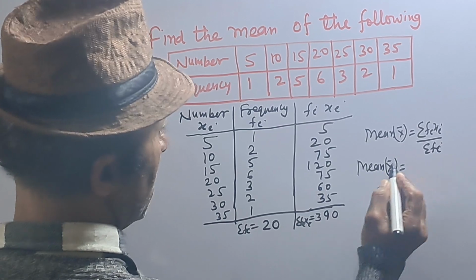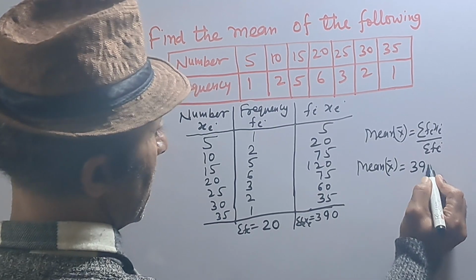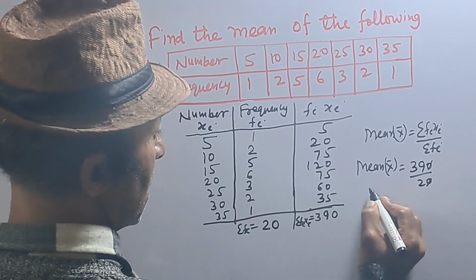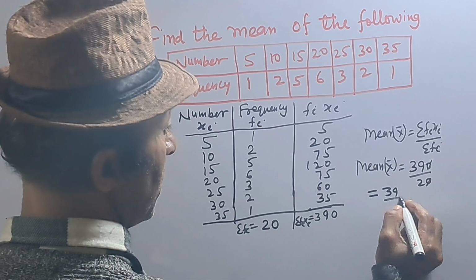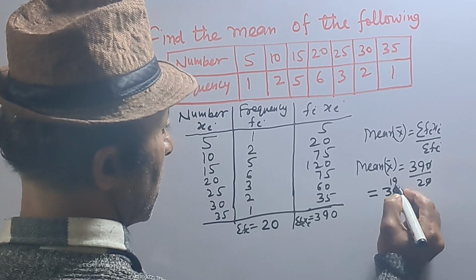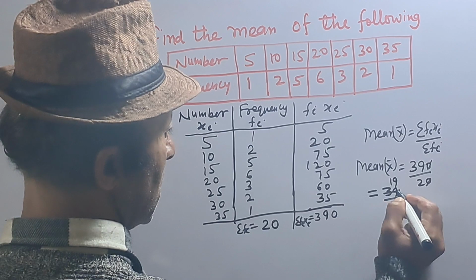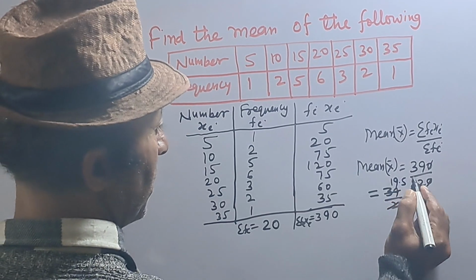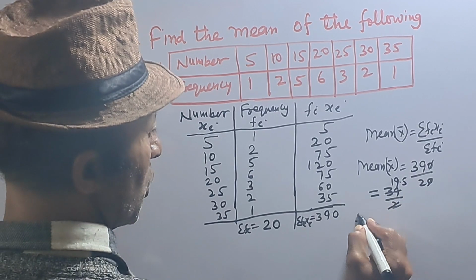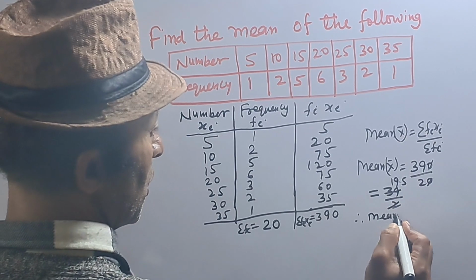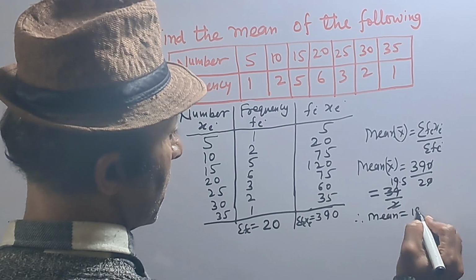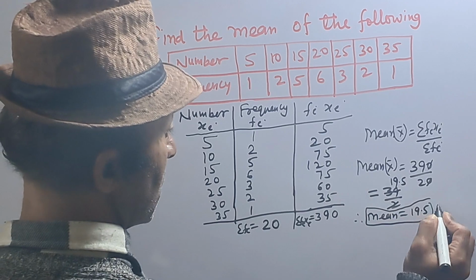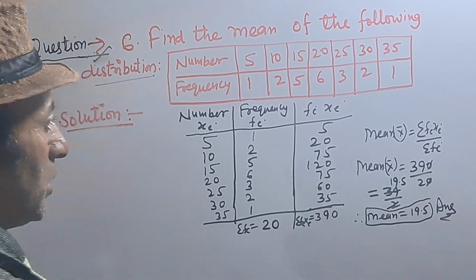Mean equal to 390 upon 20 equal to 39 divided by 2. 19 2s are 38, 1.0, 10, 5 2s are 10. So mean equal to 19.5. Answer.